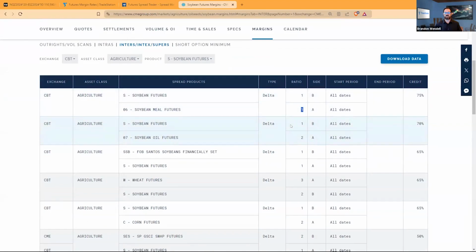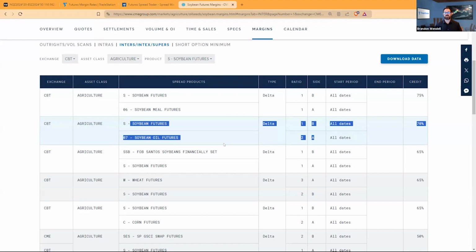And again, it's a 1:1 ratio. But trading soybeans versus soy oil, now you'll see that has a 2:1 ratio. You have to trade 2 oil futures, ZL or soy oil, the BO, depending on which platform you're trading with, versus 1 soybean contract.